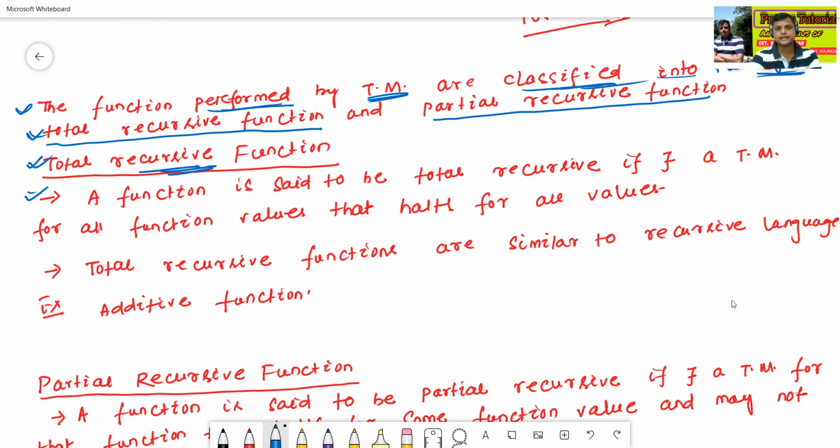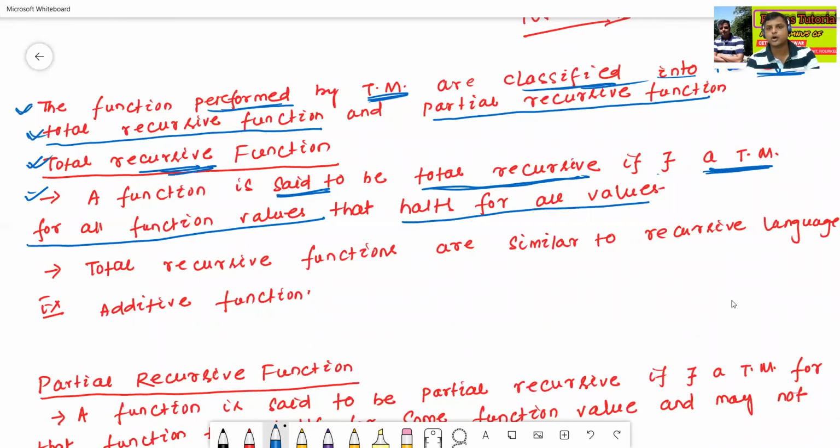A function is said to be total recursive if there exists a Turing machine for all function values and it halts for all input values.